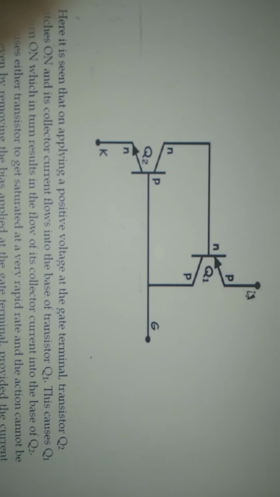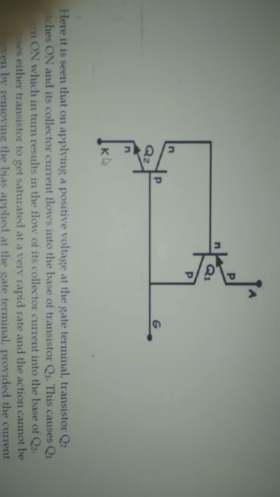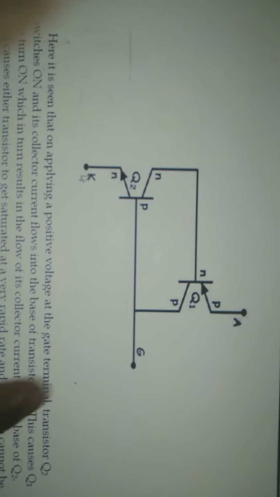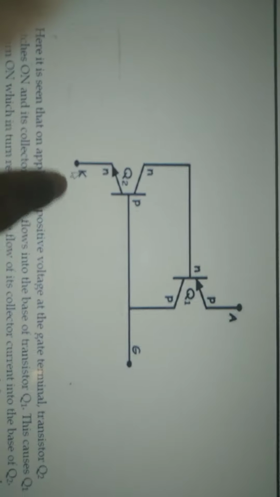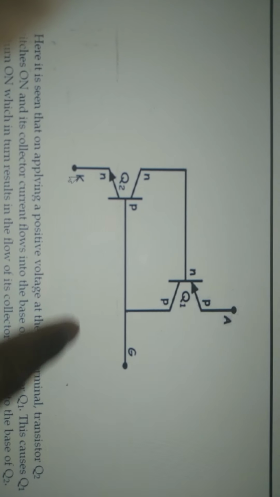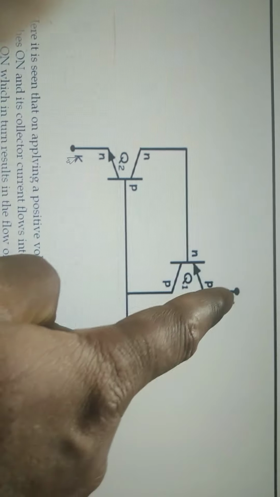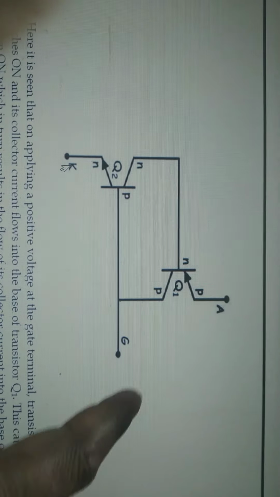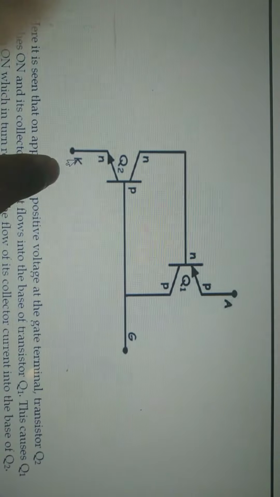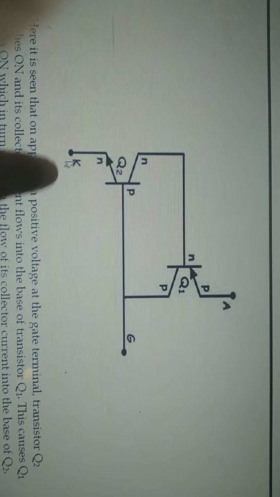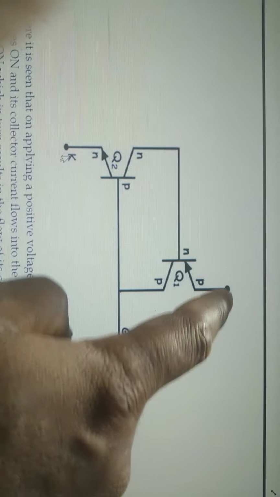This is the anode terminal, this is the cathode terminal, and this is the gate terminal. Forward voltage is applied across the anode and cathode, and one more voltage is applied across the gate and cathode. This is one voltage, this is another voltage.